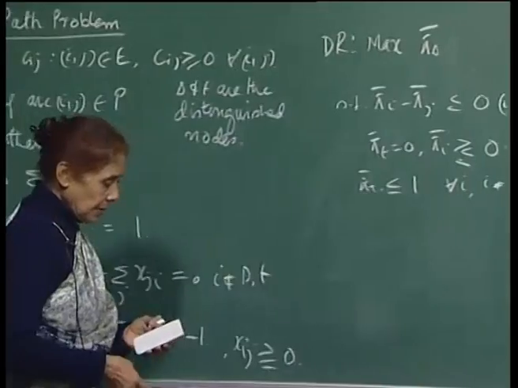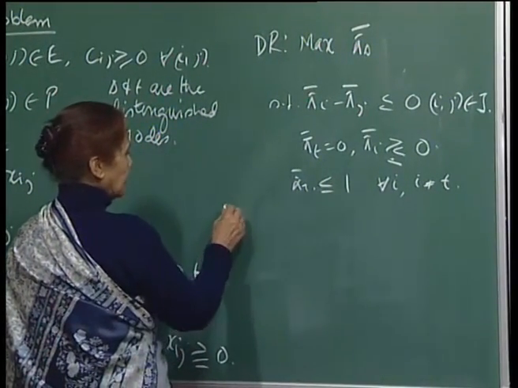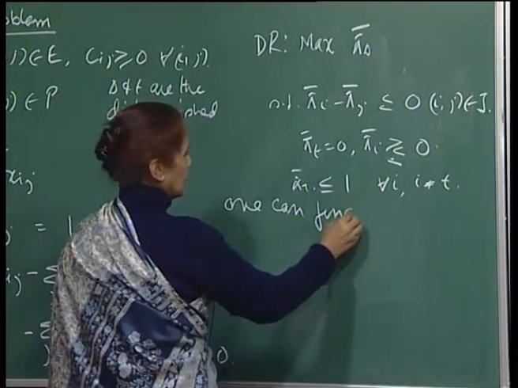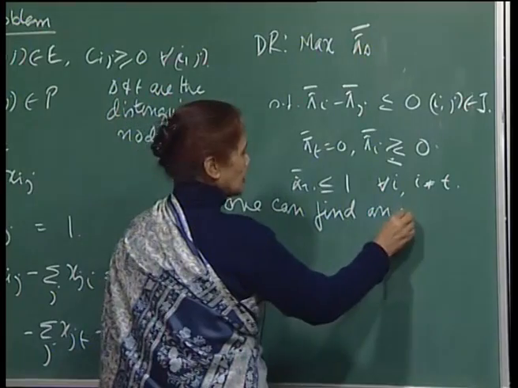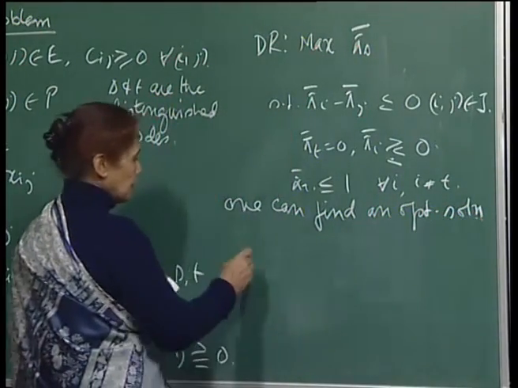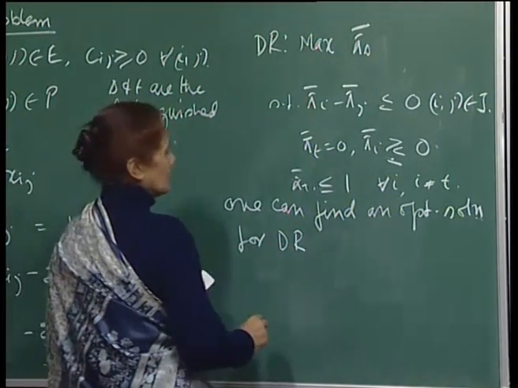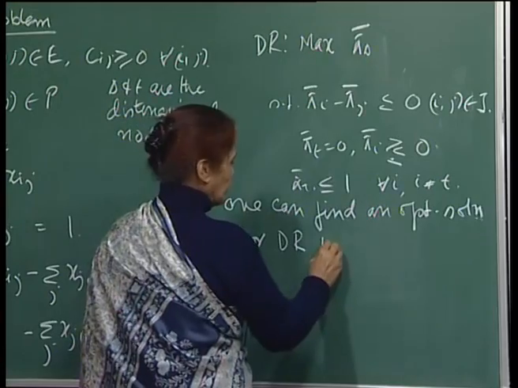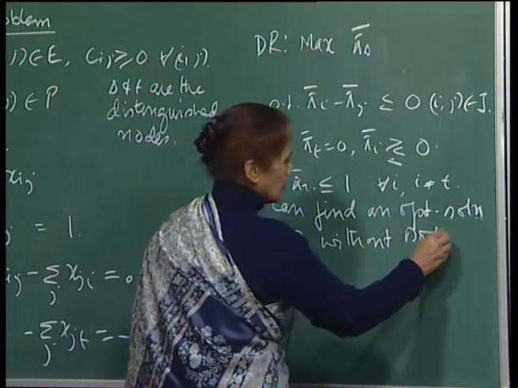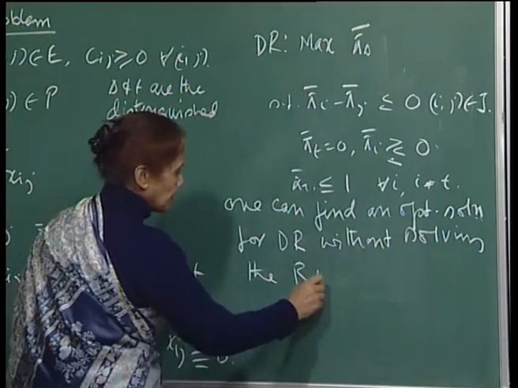Now, one can find an optimal solution for the restricted dual without solving the restricted primal.